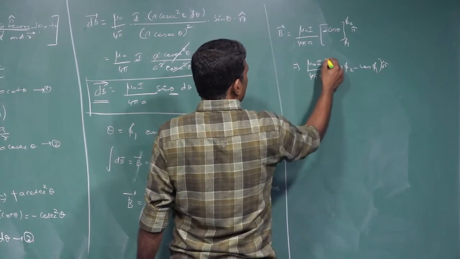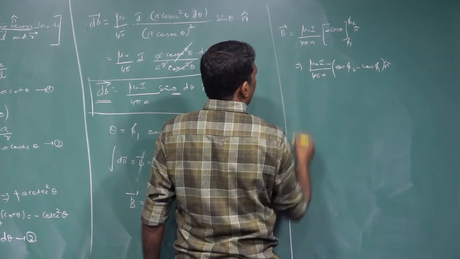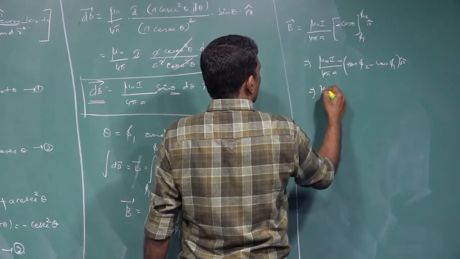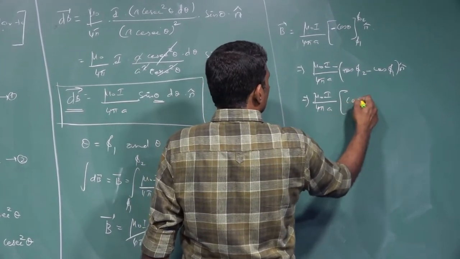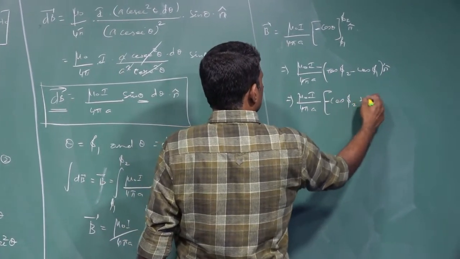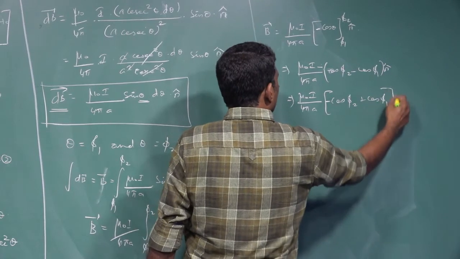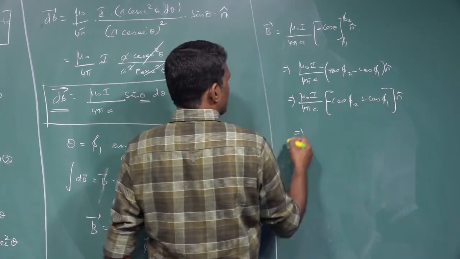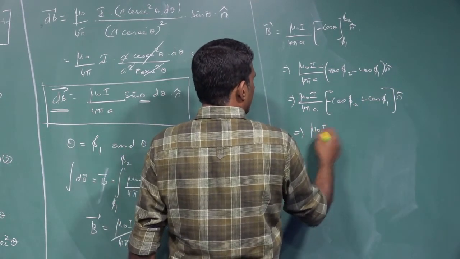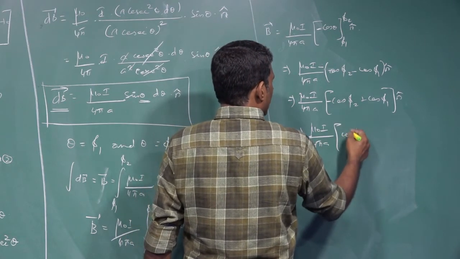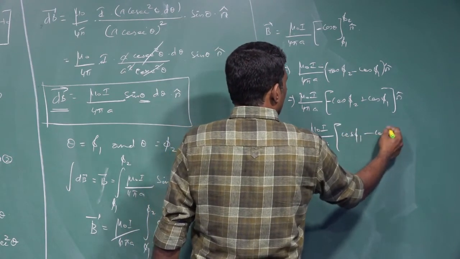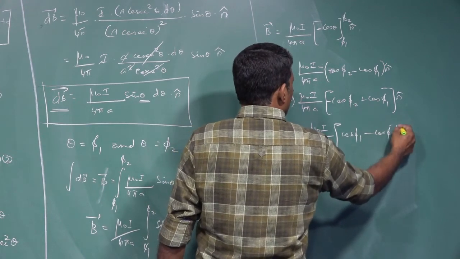Taking the negative sign into the bracket, you will have mu naught I divided by 4 pi a into minus cos phi 2 plus cos phi 1 into n cap. Or else you can write mu naught I divided by 4 pi a into cos phi 1 minus cos phi 2 into n cap.